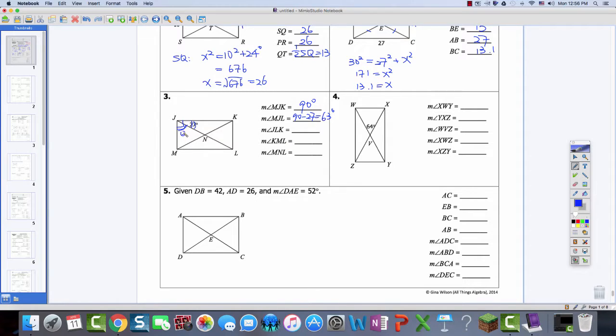If this is 63 degrees, we're asked to find JLK, which is the angle here. Remember, opposite sides are parallel, and therefore these two angles are alternate interior angles, and they should be congruent. KML is right here.